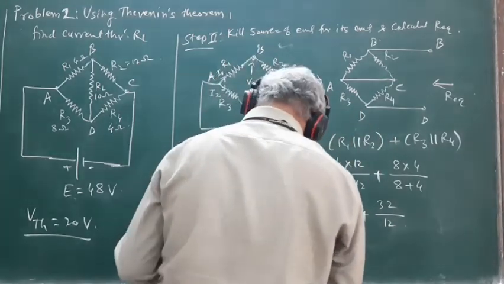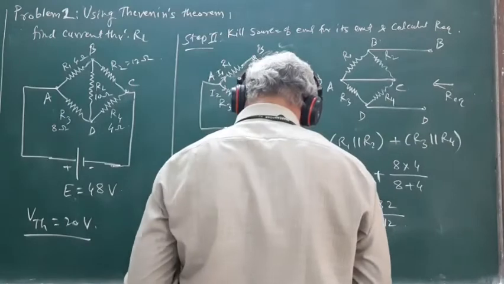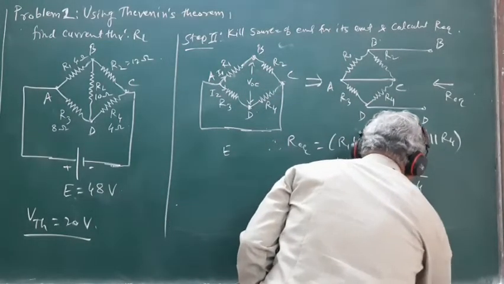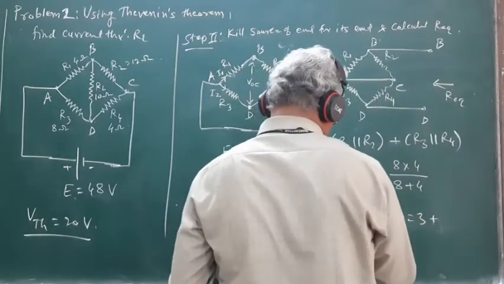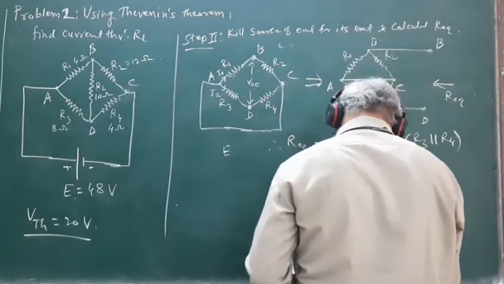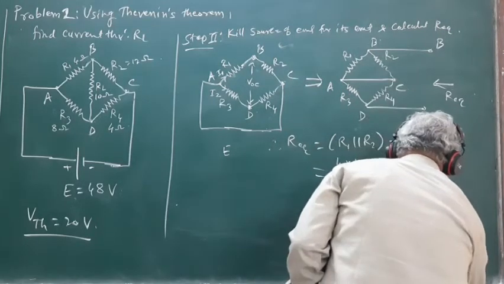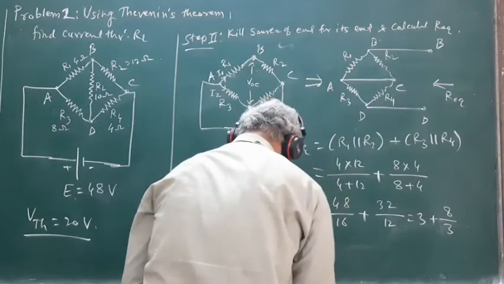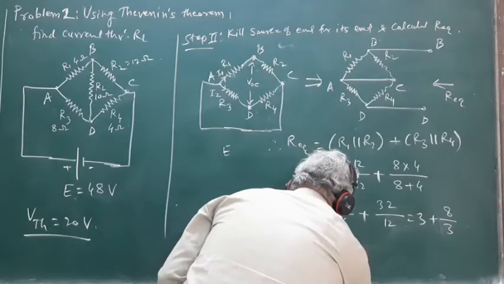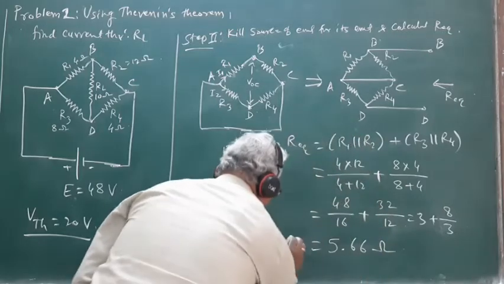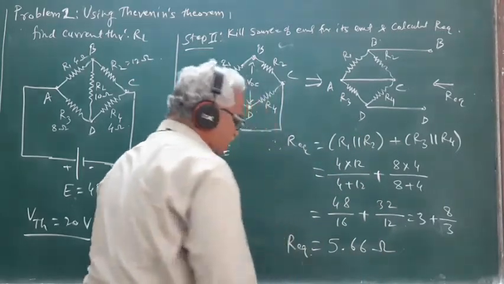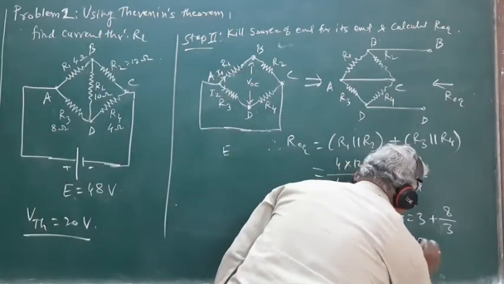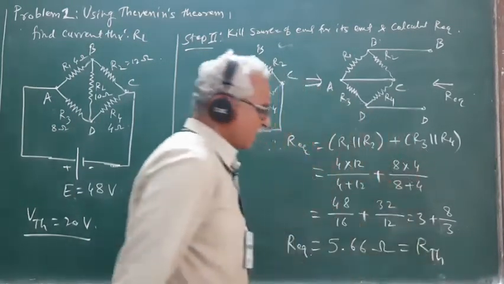So this is equal to 3 plus 32 by 12, which is 8 by 3. So R equivalent works out equal to 5.66 ohm, and this is the value of RTH.